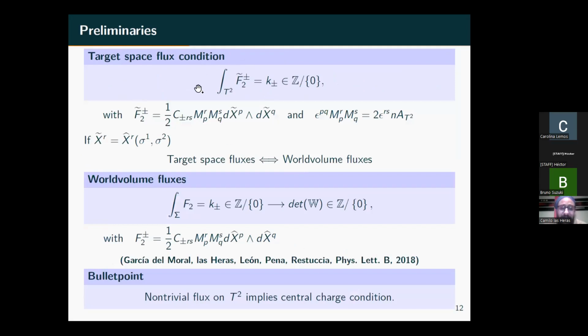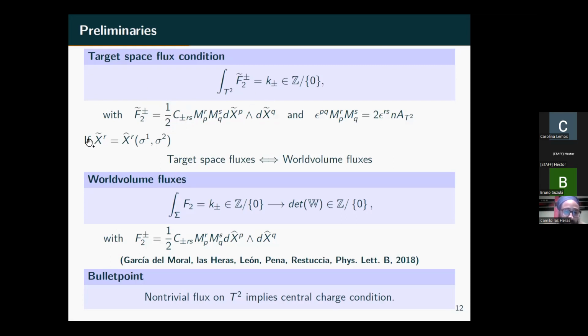However, we notice that we can consider, in another case, an M2 brane with two dimensions toroidally compactified, but we can consider a well-defined 2-form written in terms of the coordinates of the torus of the target space. And we may consider a flux condition on this well-defined 2-form. And this 2-form is related to the plus-minus components of the supergravity 3-form.